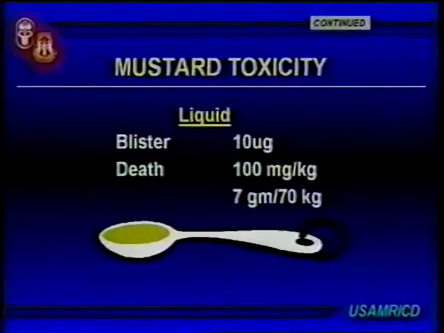Let me remind you that a microgram is a 1,000th of a milligram. Milligrams are pretty small to me already, but only a 10,000th of a milligram of liquid mustard can at least raise a poison ivy type blister on the skin. An LD50 of liquid mustard on the skin is around 7 grams in your classic svelte 70 kilogram male, something like me.